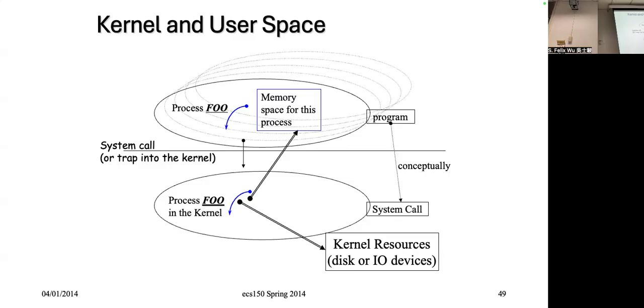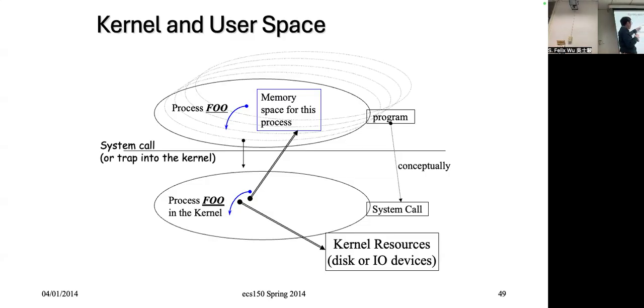When you have a process and you want to make a system call, you're not just calling it. You really give the whole thing and throw it into the kernel space. So during the execution of the network protocol, your user process's whole memory space is being controlled by the kernel.